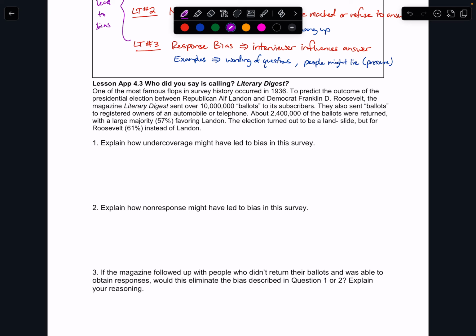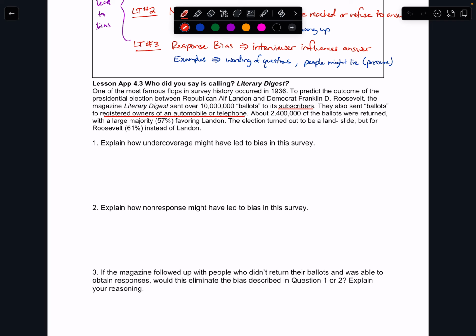So its subscribers got a ballot, and registered owners of automobiles or telephones. Of all the ones they sent out, only 2,400,000 ballots were returned, with a large majority favoring Landon, 57%. The election turned out to be a landslide, but for Roosevelt at 61% instead of Landon.